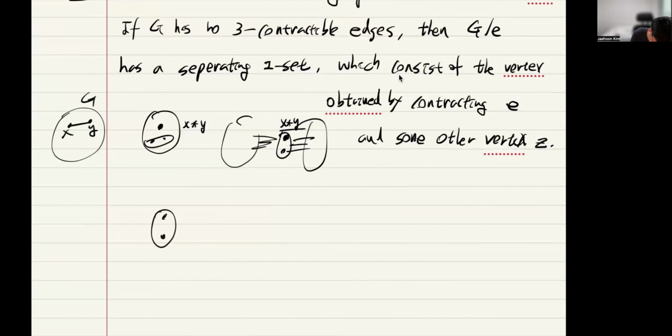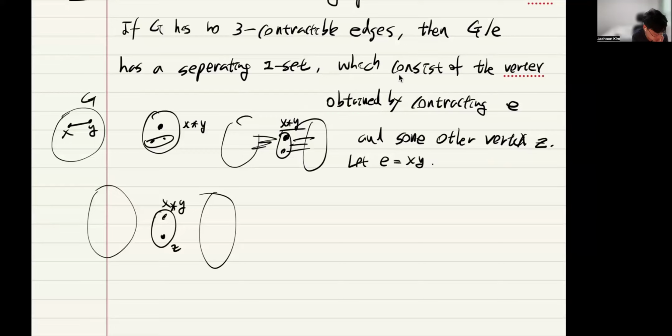So you have z and then x star y. So let this e be xy, and this is the picture.